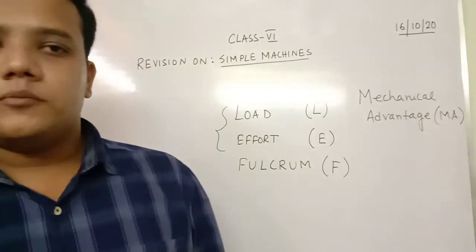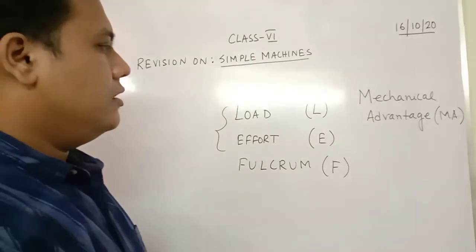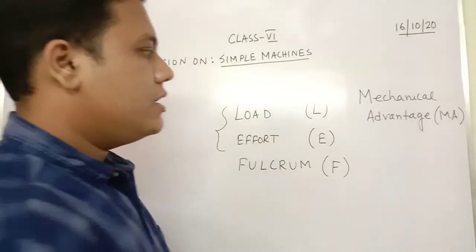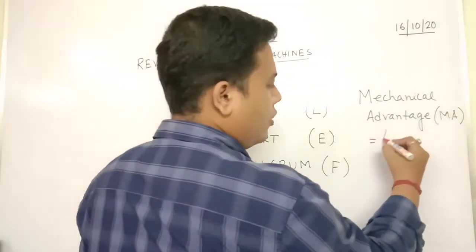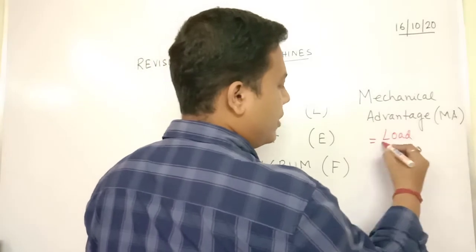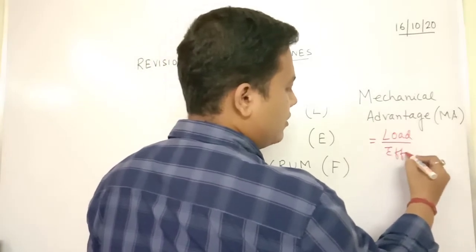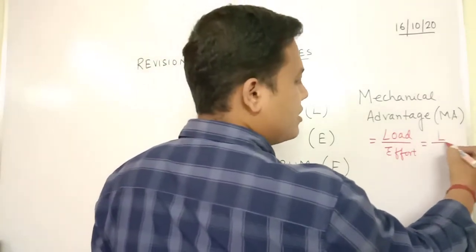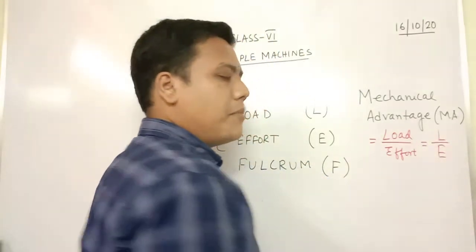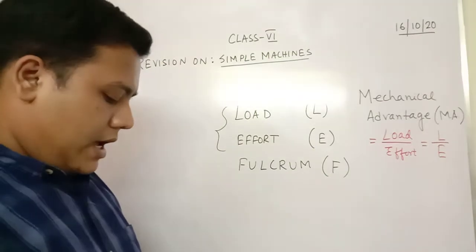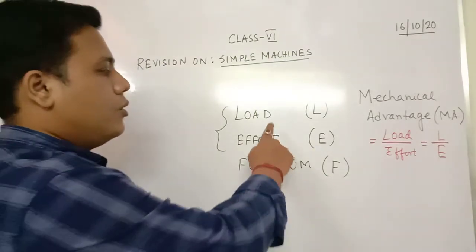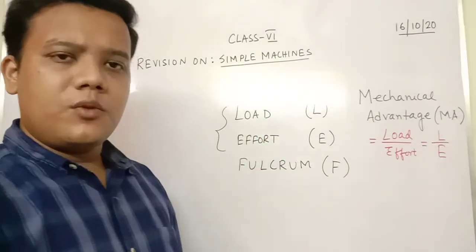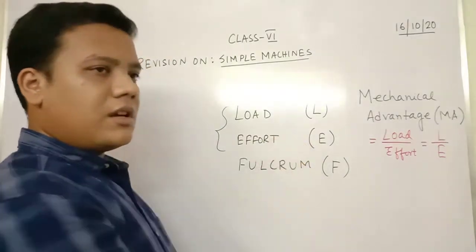And what is the formula of it? The formula of mechanical advantage is load by effort, which we can also write using the letters L by E. As you see, load and effort both are types of forces. This is the opposing force and this is the given force.